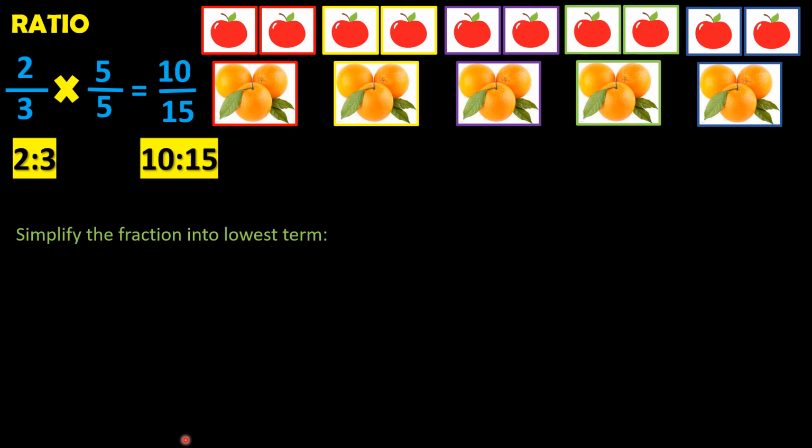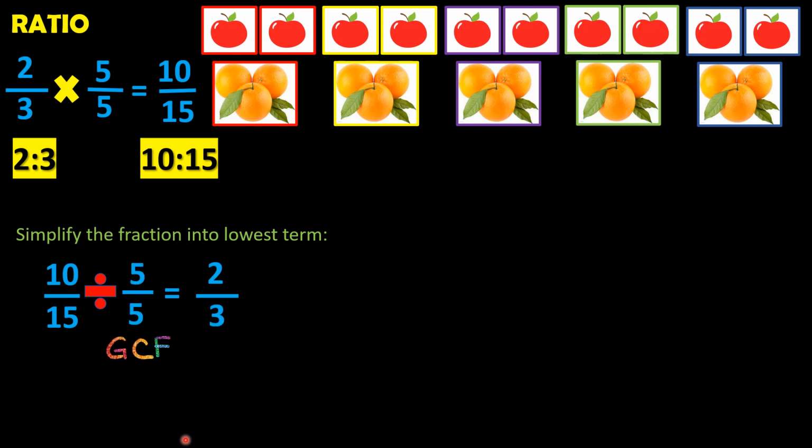So doing the opposite this time, we're going to find the lowest term or the simplest form of the ratio, 10 over 15. So if we multiplied by 5 earlier, this time we're going to divide by the greatest common factor, which is 5. So the answer would become 2/3, meaning to say the smallest unit where 10 over 15 came from is from 2 apples and 3 oranges.